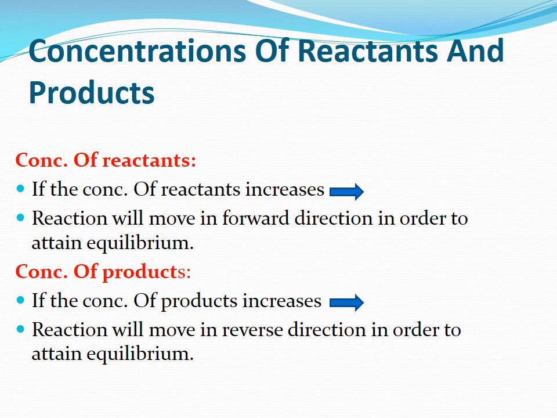If we add any product, or increase the concentration of products, it will automatically go in the reverse direction in order to attain equilibrium. So to keep the equilibrium away from disturbances, we should maintain the concentrations of reactants and products constant.